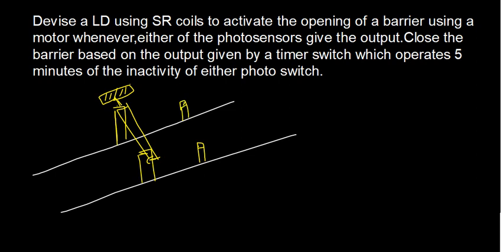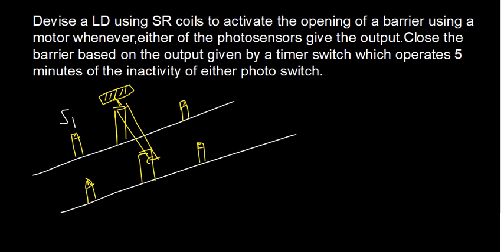Now together, as we have written earlier also, this is switch 1 and this has switch 2. These are the photosensors, okay? Now whatever I have drawn here, you should be able to link with the problem statement.